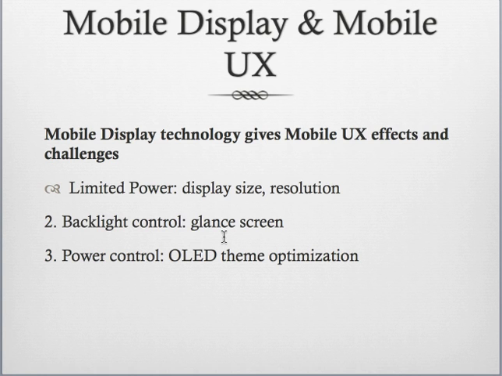The glance screen works as a clock for a standby screen that also provides battery level notifications and a double tap to wake feature to activate your cell phone. Every time you shut it off, next time it shows you slide to the right to unlock your phone. That's a way to save power.